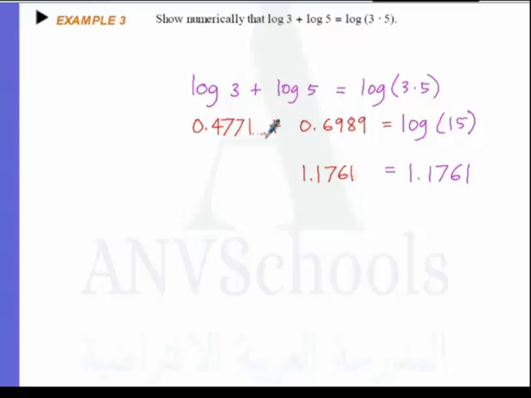Now, okay, so now we get the expression similarly. So we now prove that log 3 plus log 5 is equal to log of the product of 3 and 5.